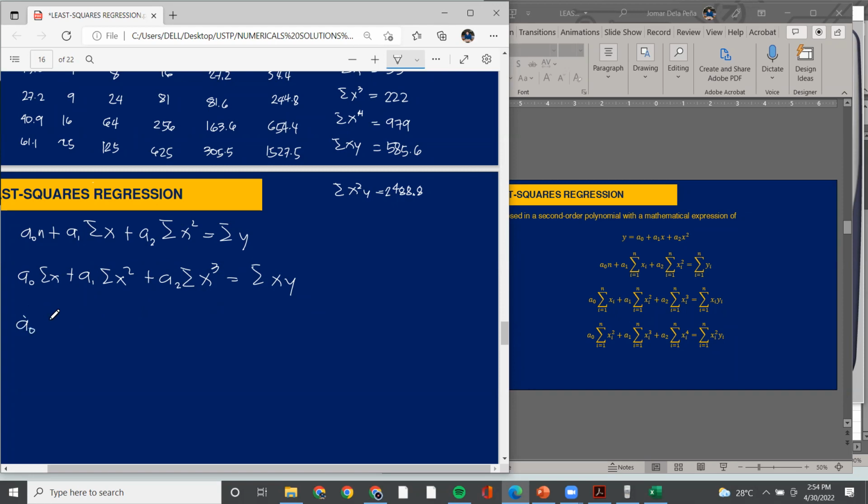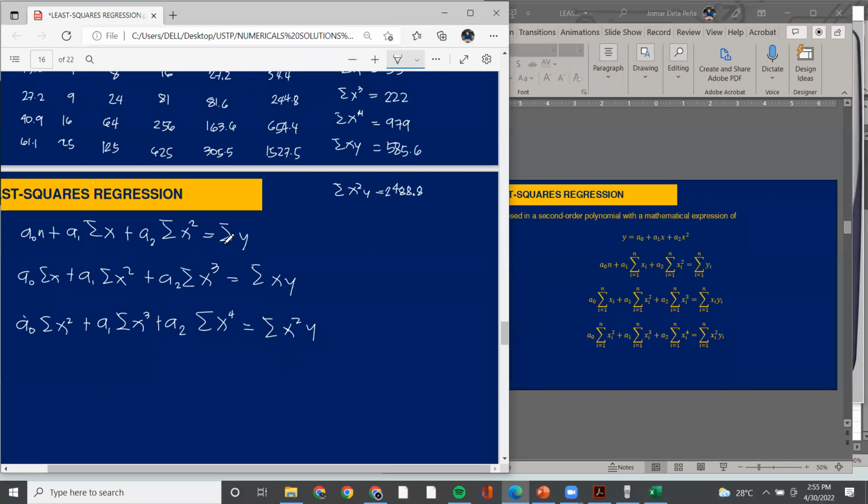A sub 0, summation of x squared, then a sub 1 summation of x cubed, plus a sub 2 summation of x to the fourth, equal to summation of x squared y. So kung magpadayon ta, increase lang siya.